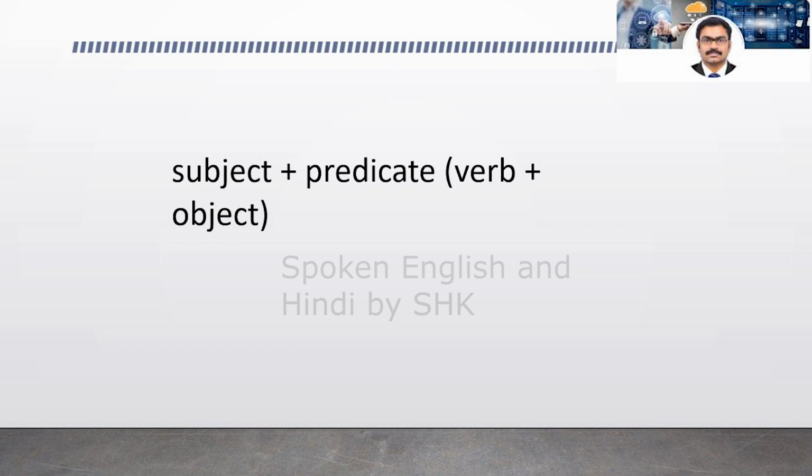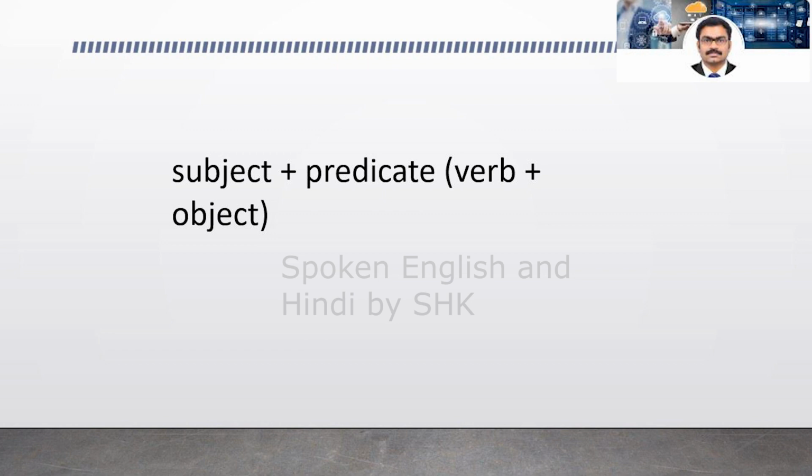So now we can build English sentences just knowing where the subject is and where the predicate is. We follow this formula: subject plus predicate. Just remember that, and predicate, verb plus object. The dog runs down the street. Subject, verb, object.